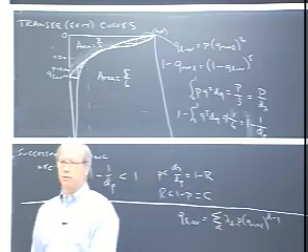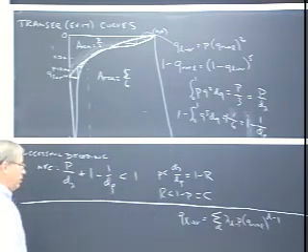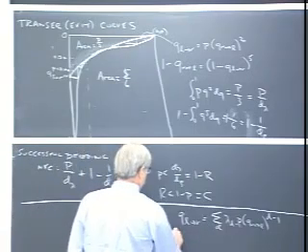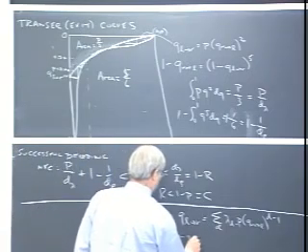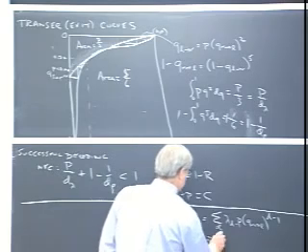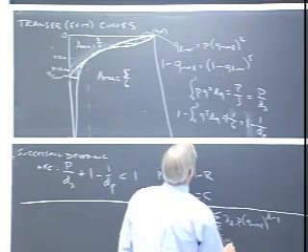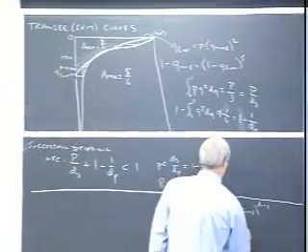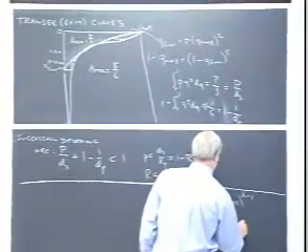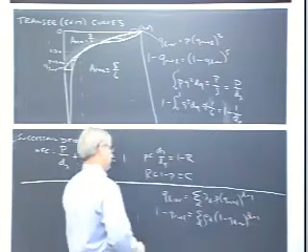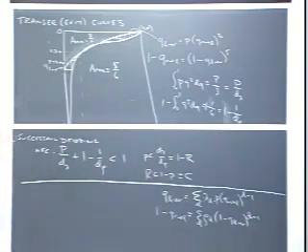Look at the notes for a detailed derivation, but I hope it's intuitively plausible. And similarly, 1 minus Q right to left is the sum over D of rho D, 1 minus Q left to right to the D minus 1.